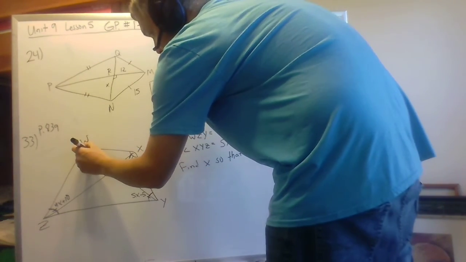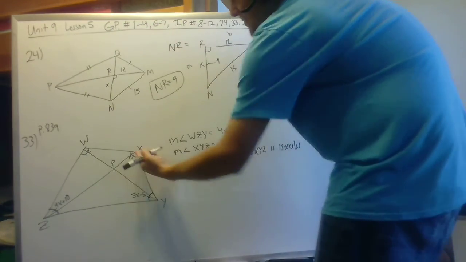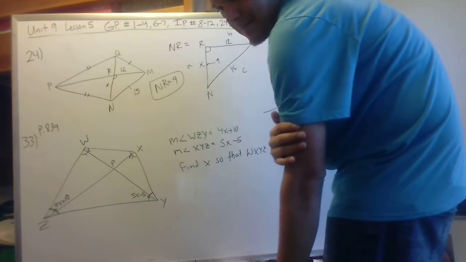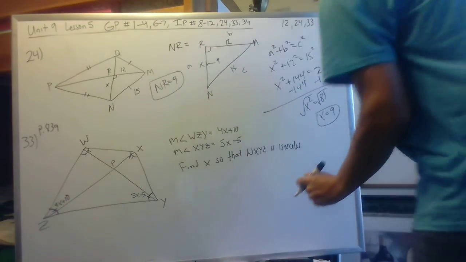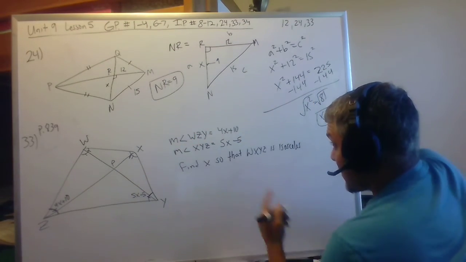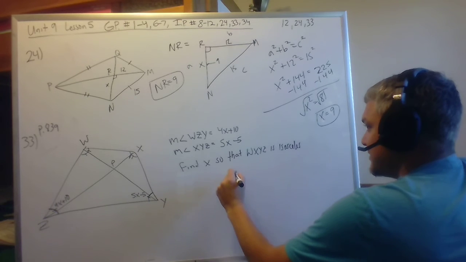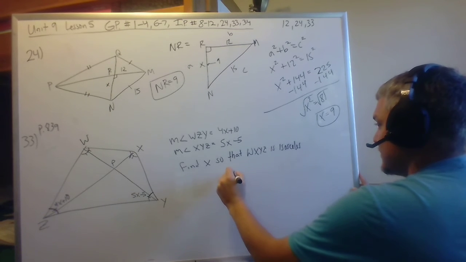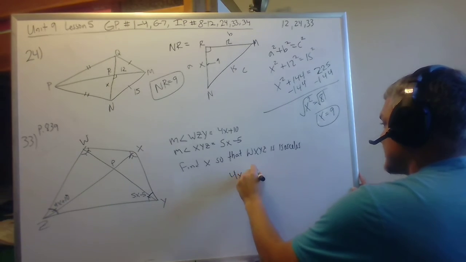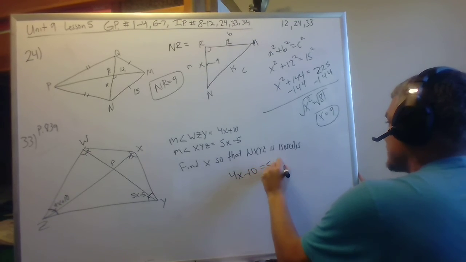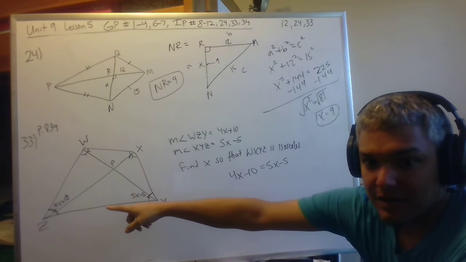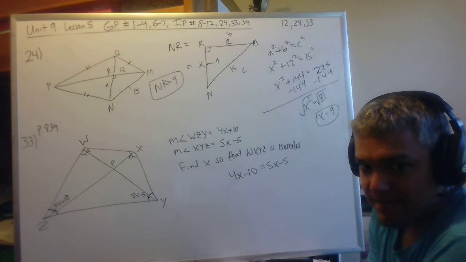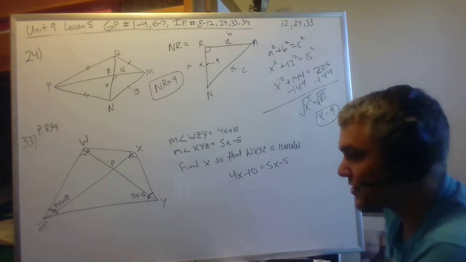However, since we don't know angle W or angle X, and we know WZY and XYZ, what we're going to do is set them equal to each other. So we're going to go 4x plus 10 equals 5x minus 5, and then solve for x. Because if these two angles are the same, it will create an isosceles trapezoid.